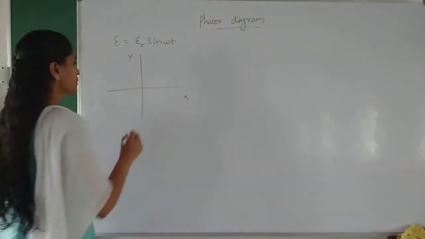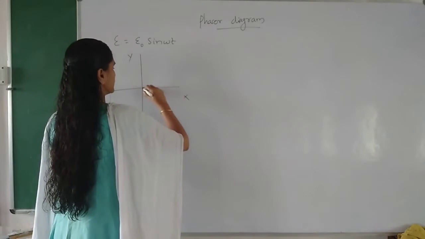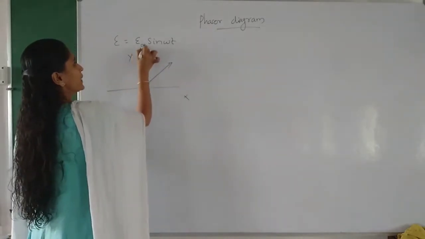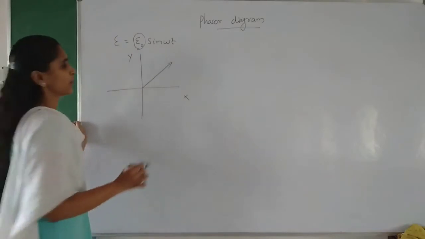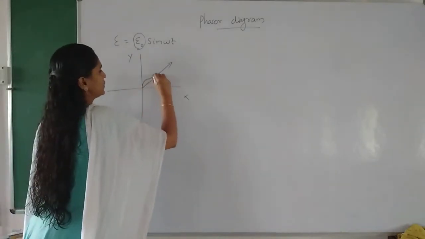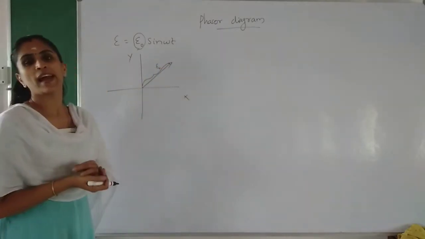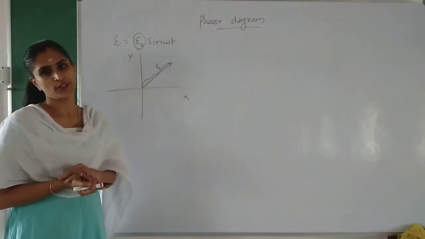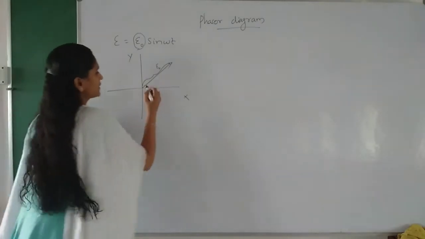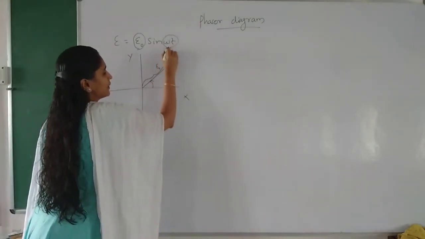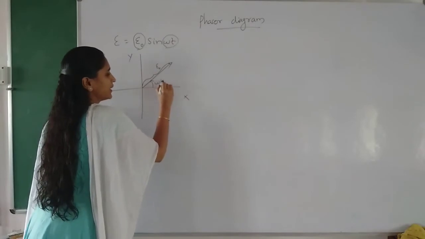We represent it as a vector whose length is equal to the peak value, so this will be the peak value of voltage, and this angle will be omega t.